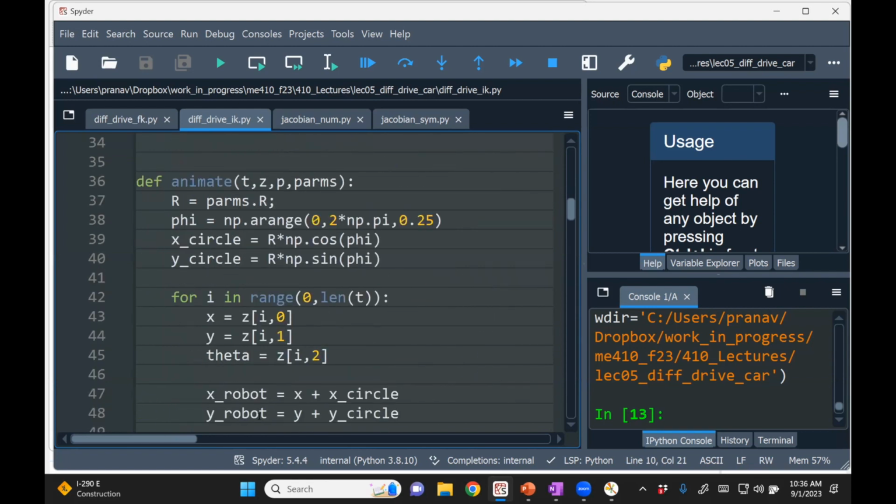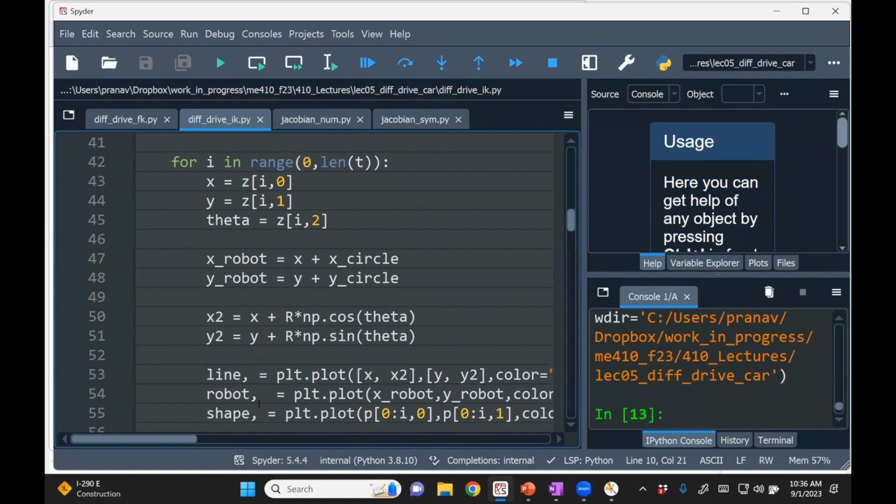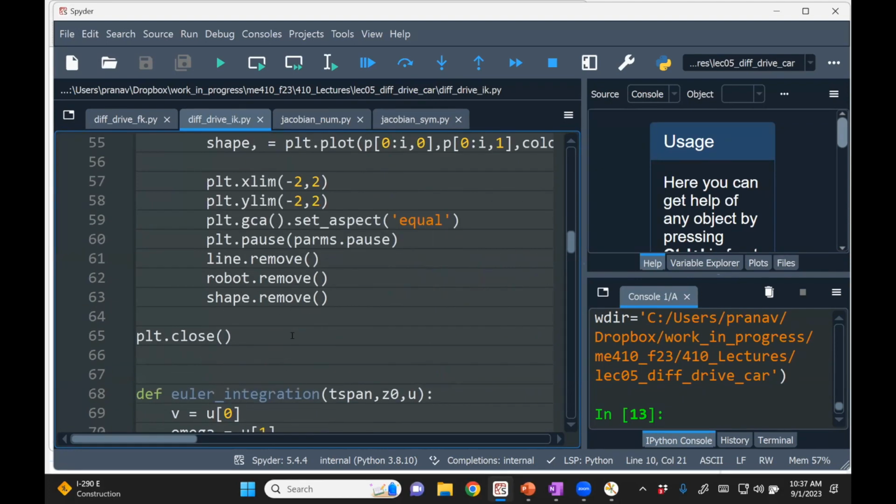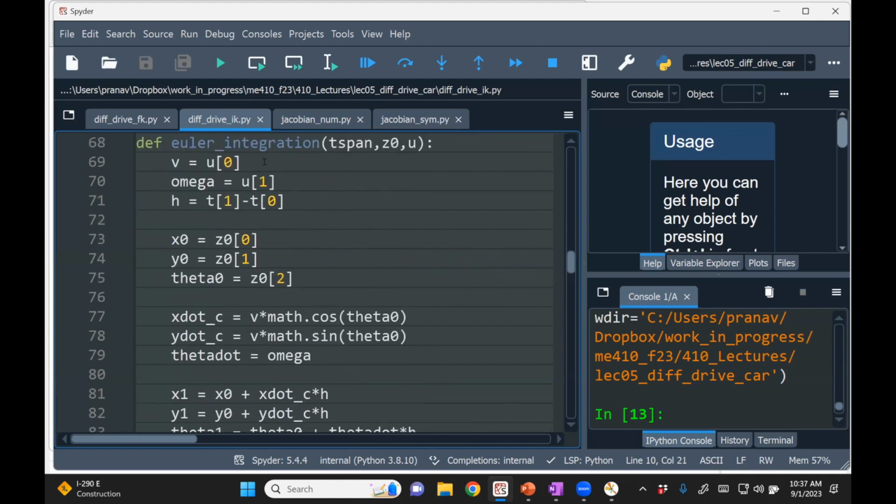Animation is basically standard stuff I've done in this course, just drawing lines and shapes. You could use patches. And then Euler integration comes from the previous class where I did Euler integration in order to do the forward kinematics.